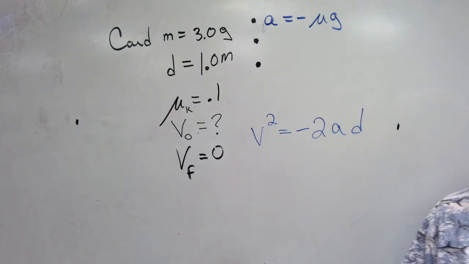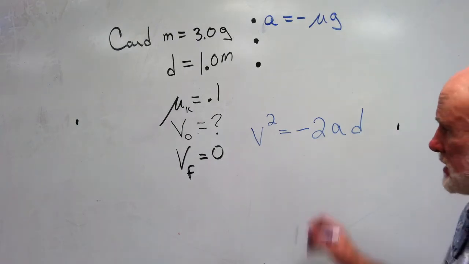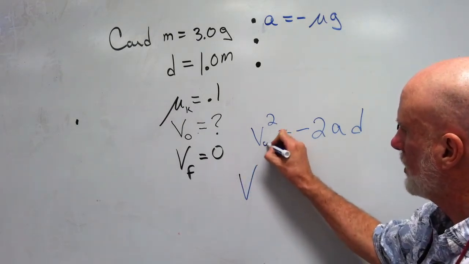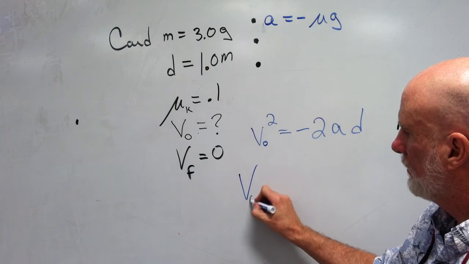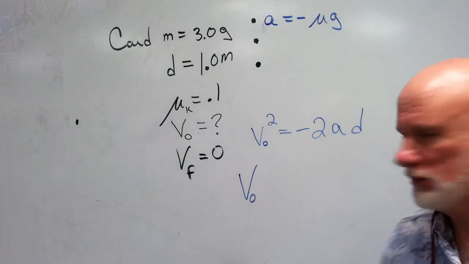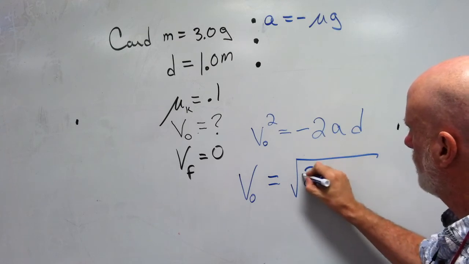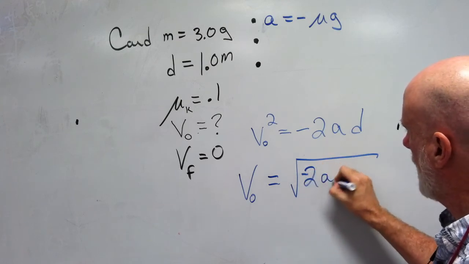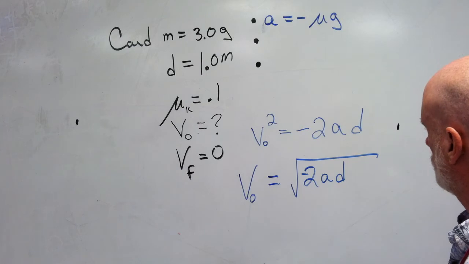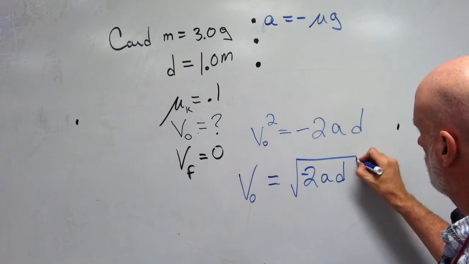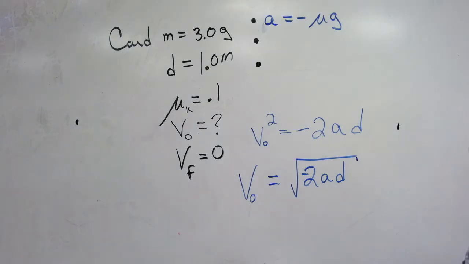Easy? Take the square root of both sides, and I get V naught, the initial, equals square root of negative 2AD. Good? That's my next equation.